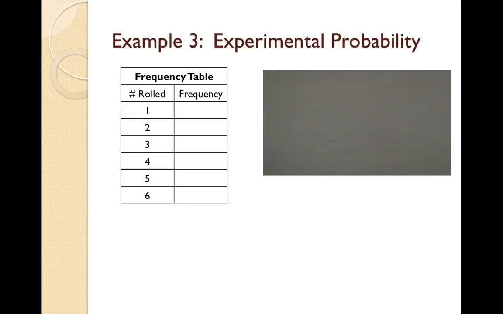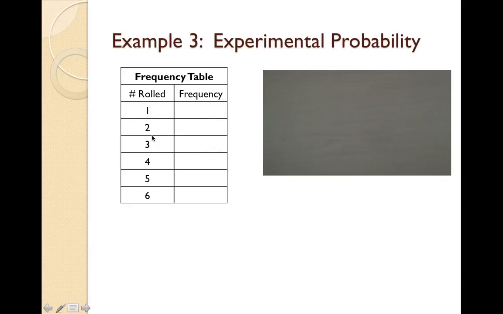Okay, so let's take a look at an example of this. We're going to do an experimental probability here together based on a video that I have here. We're going to see someone rolling a die, and we want to record our results from that in what we call a frequency table.